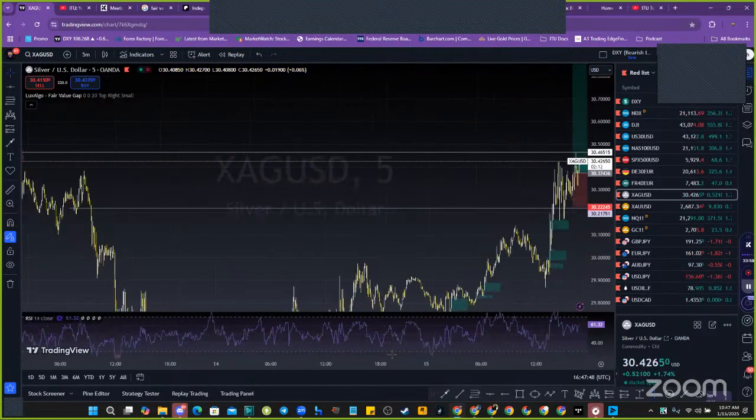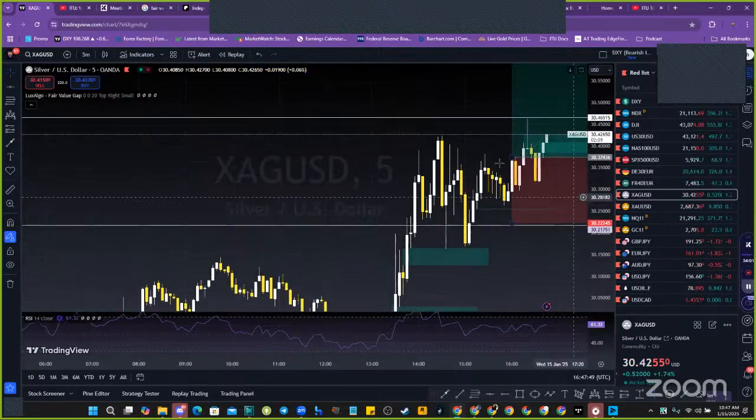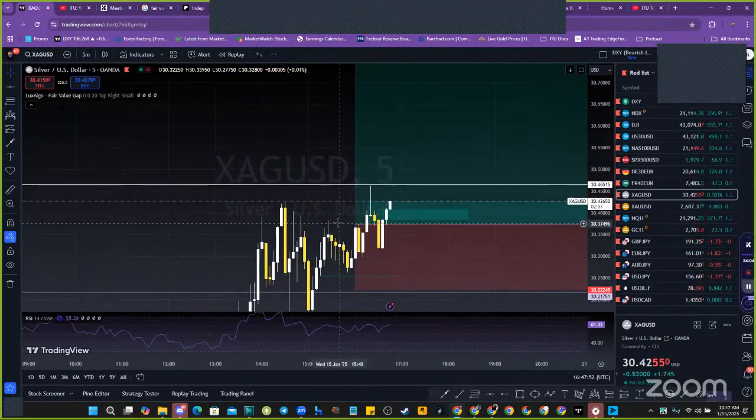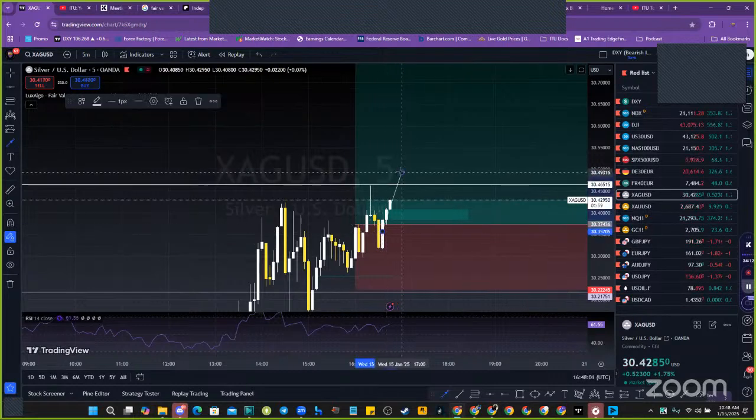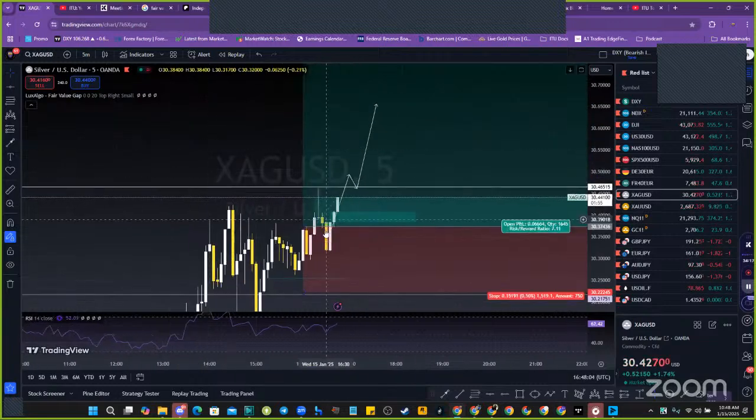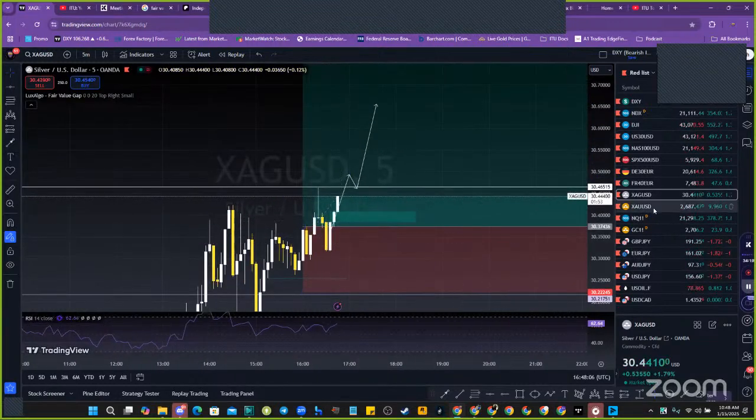So we need that break. I'm trying to decide when I want to put my stop loss and profit, and it would really be upon that break there, and then I can move this entry into profit.